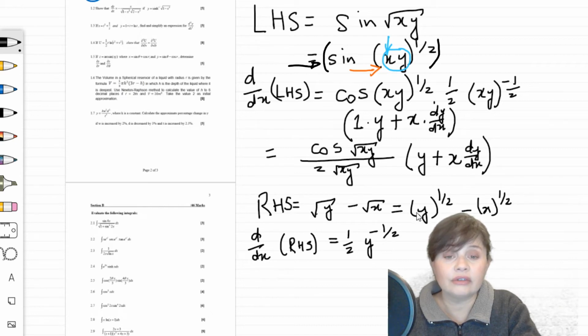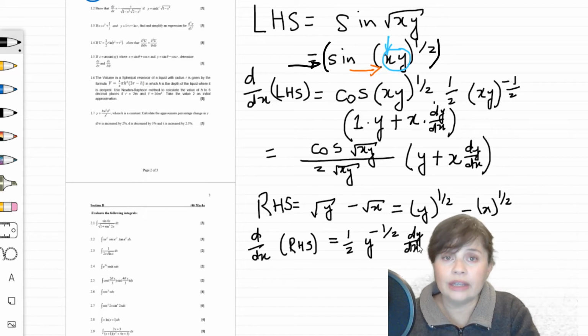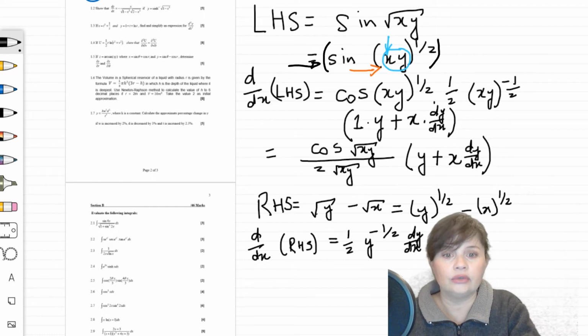Y itself is a function of x, so you have to put in dy dx. Because remember, whenever you are differentiating, the last part of the derivative has to be with respect to the independent variable, so in this case, x. So here you've got minus a half, and that's going to be x to the minus a half.